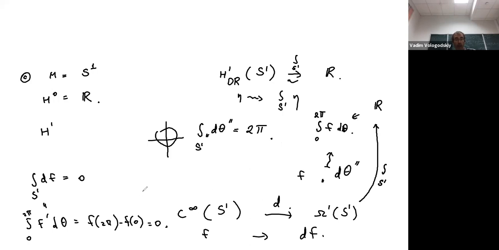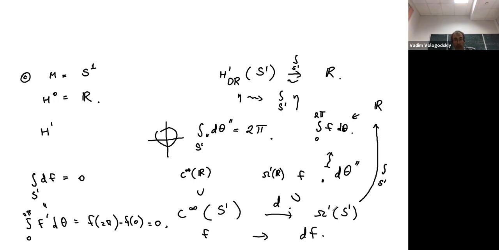Any function on the circle can be considered as a periodic function on the real line. And we also have one forms on the real line.